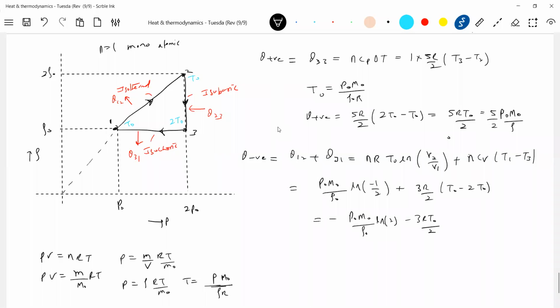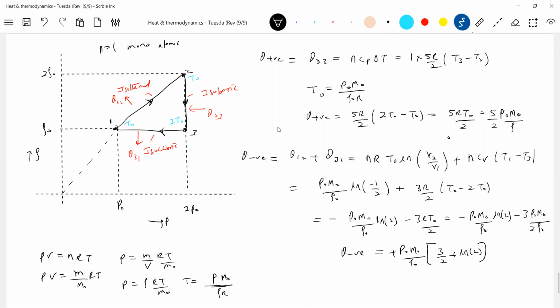R T naught, we can write as P naught M naught by rho naught. So this will become minus P naught M naught by rho naught log 2, minus 3 P naught M naught by rho naught by 2. P naught M naught by rho naught, you take it outside. So this should become 3 by 2 plus log 2. Keep it here.